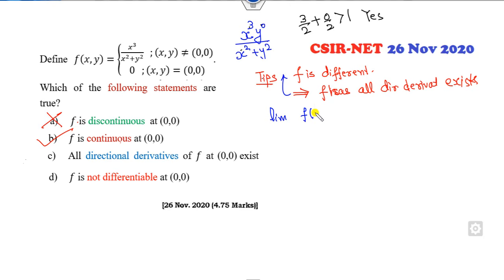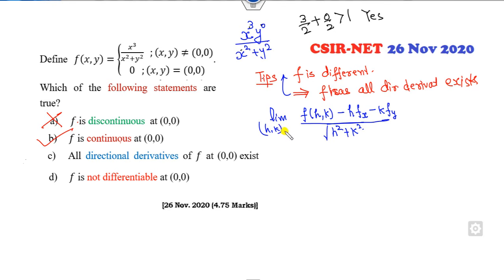I can start with the limit as (h, k) approaches (0, 0) of f(h, k) minus h times fx minus k times fy, divided by root of h square plus k square. This is the rule for that.